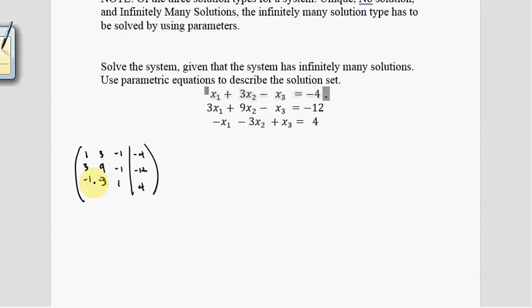All right. Well, let me just deal with that first. So here we're going to say row 1 plus row 3. That always will give us a new row 3. I'll leave row 2 just the way it is for right now.